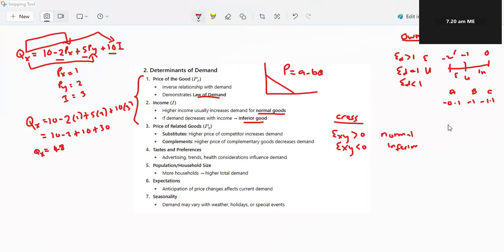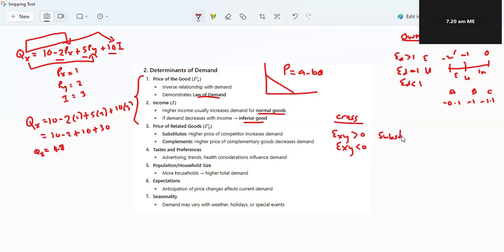So this is for income, not for cross price. For cross price elasticity, if it's positive, it means it's a substitute good. If it's negative, it means it is what? It's a complementary good.